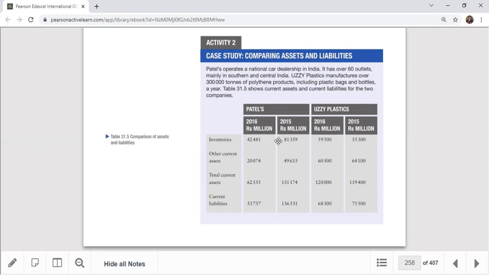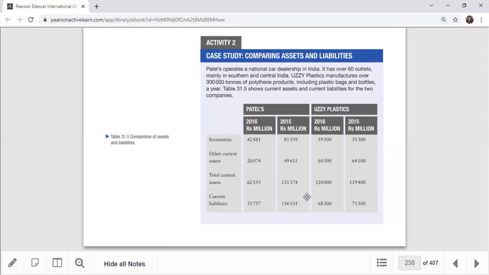Look at the figures for 2015 and 2016. The Patels have Indian rupees of 81 million, which has gone down to 42 million. USI Plastics' figures are improving, from 53.3 million to 59.5 million. Other current assets are stable.